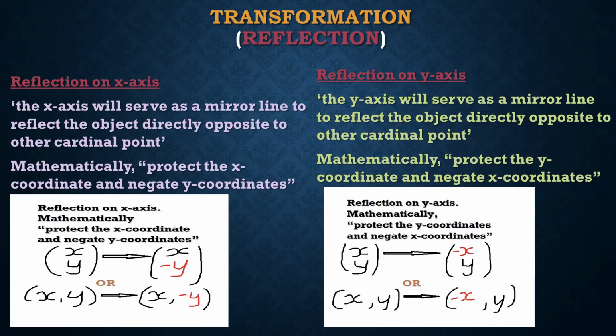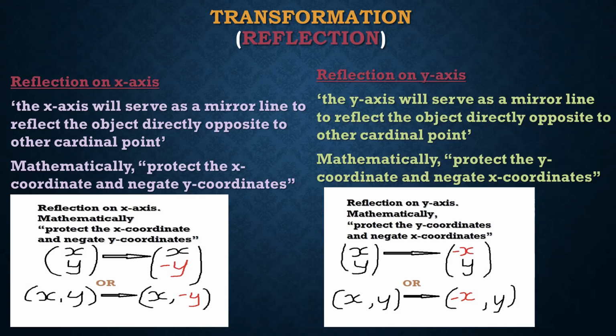When you say protect the x coordinate, it means you are not going to touch the x coordinate. You write exactly the number that is given to you as x, and then you negate the y coordinate.